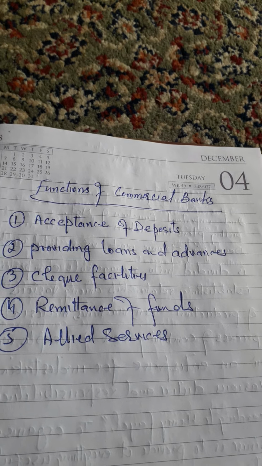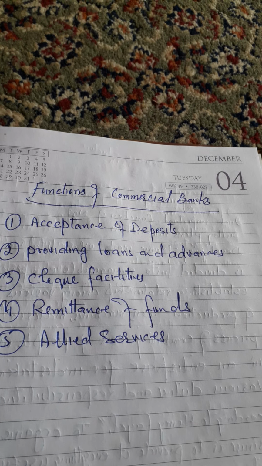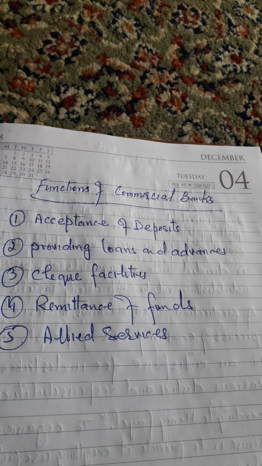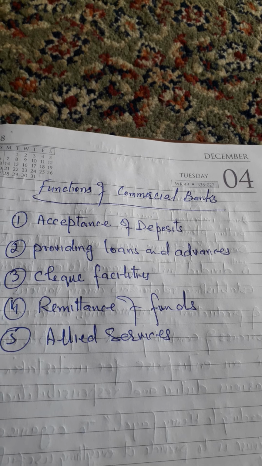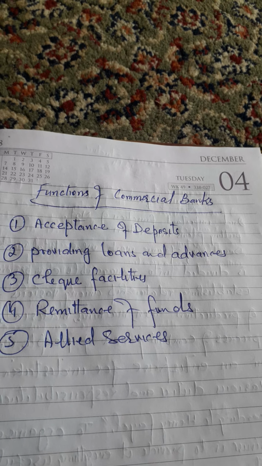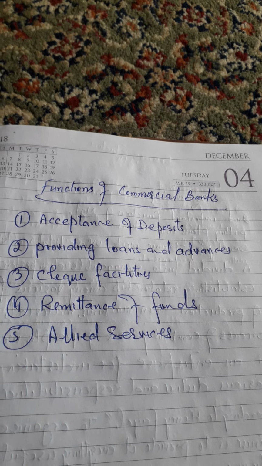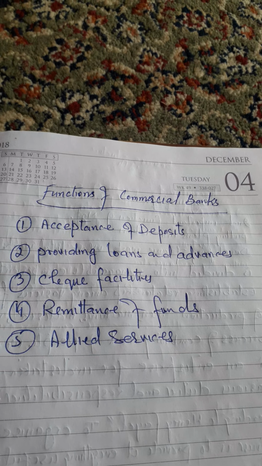There are two types of checks: bearer checks and crossed checks, or we can say payee account checks. Bearer check is the check which is encashed immediately at the bank counter. The check which is to be deposited only in the payee's account is known as crossed check.